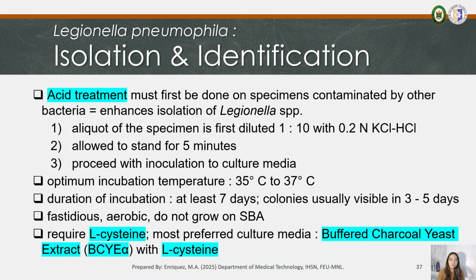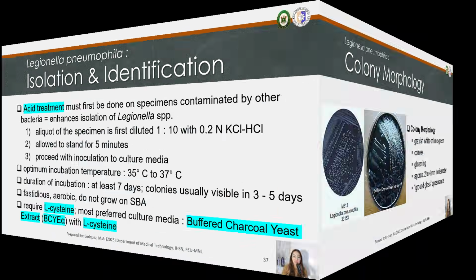Please take note of the preferred culture media, which is the buffered charcoal yeast extract agar, or BCYE. So here, the term buffered means that its pH has been adjusted to 6.9. And again, this also already contains L-cysteine as a nutrient source.